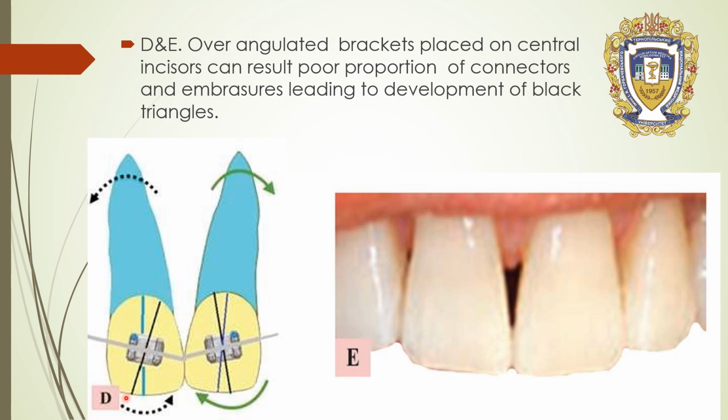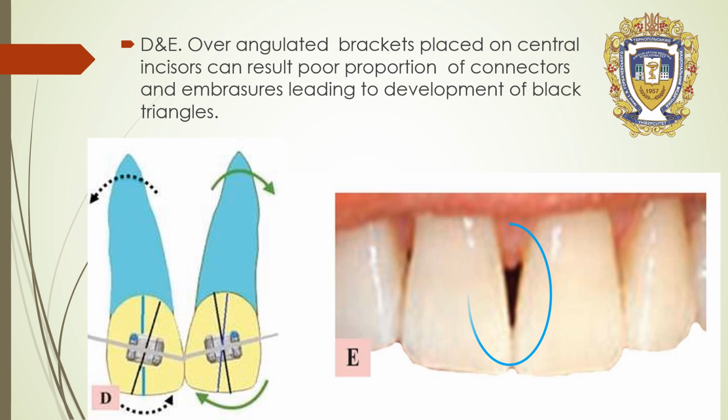Pictures D and E. Over-angulated brackets placed on the central incisors can result in poor proportion of connectors and embrasures, leading to development of black triangle.